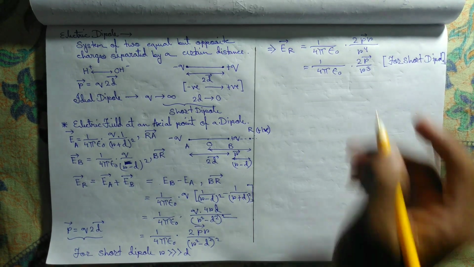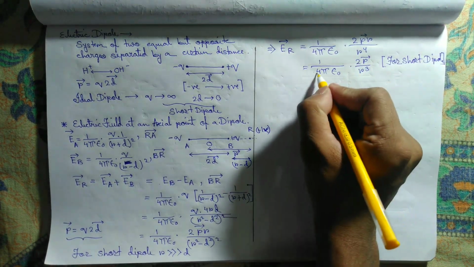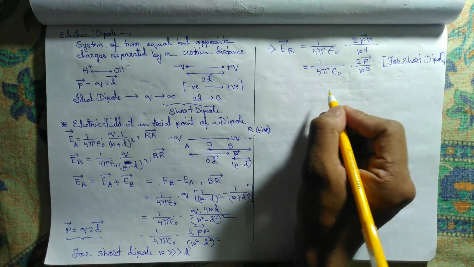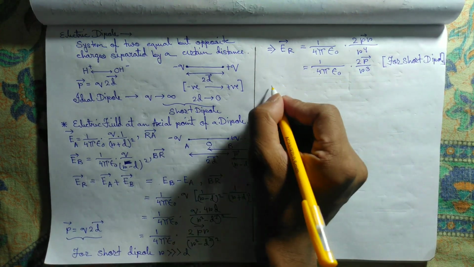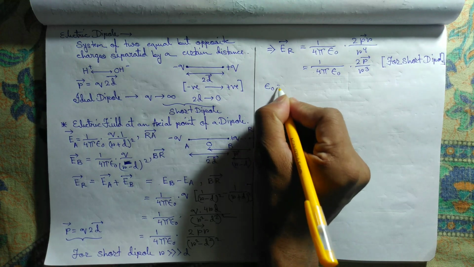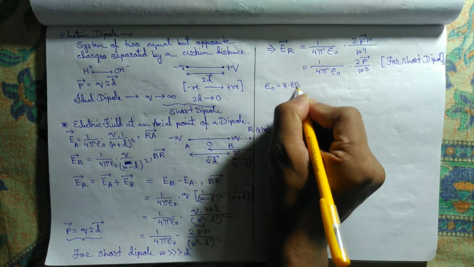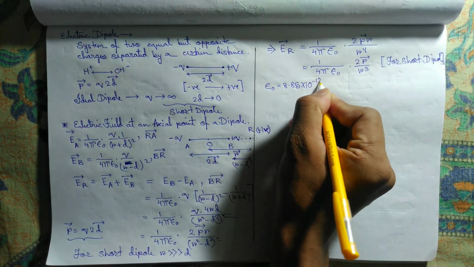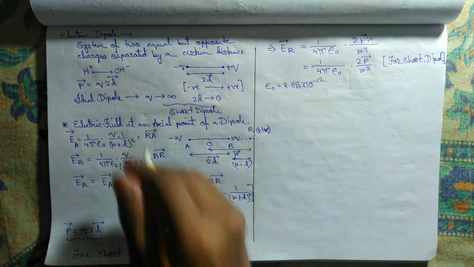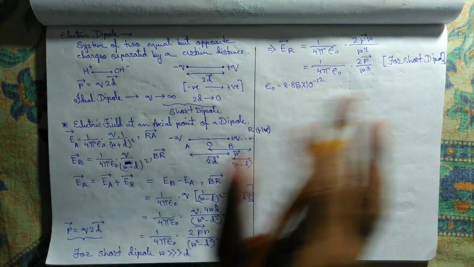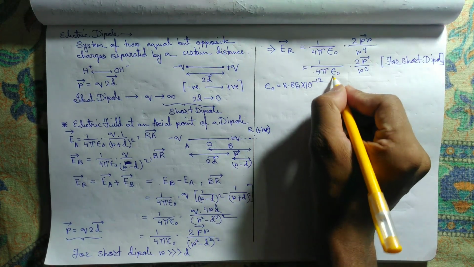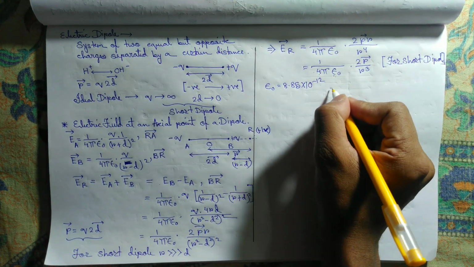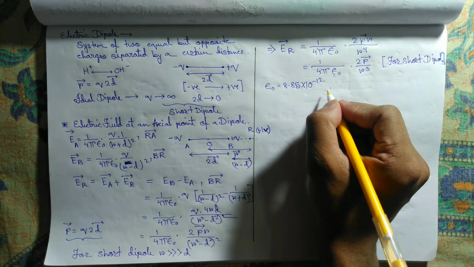One more thing, don't cut this 2 and 4. Why? Because I forgot to mention one thing. I said that epsilon naught value is 8.85 into 10 to the minus 12, which has a complicated unit. Every time you put it in the denominator and calculate it, it will be complicated, right?